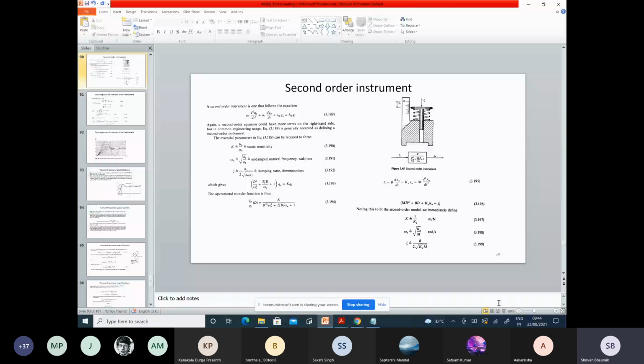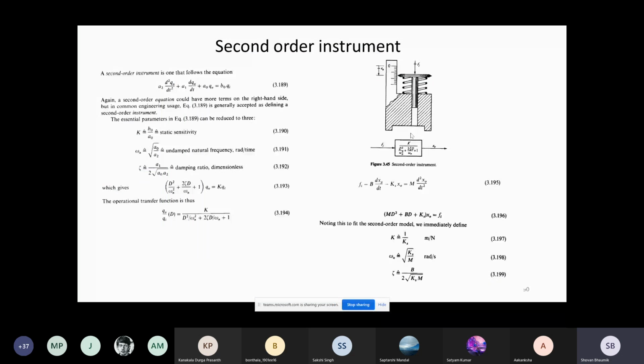If you see the second order instrument, many instruments are second order in nature. You see the galvanometer, that is a second order instrument. The analog voltmeter and ammeters are also second order instruments. The spring balance given in this slide is also a second order instrument.